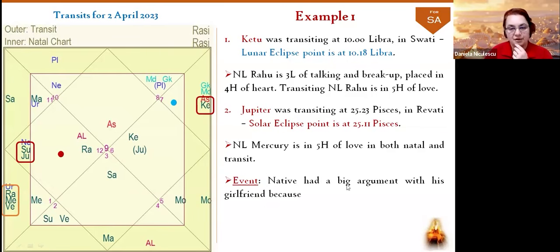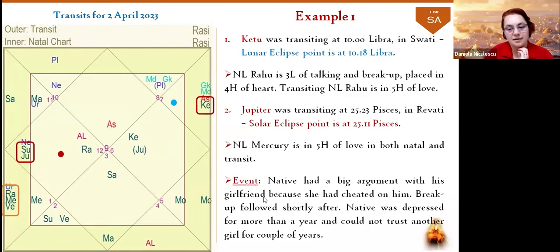The native had a big argument, 3rd house, with his girlfriend, 5th house, because she had cheated on him, and they soon broke up after that. The consequence is that the native was very depressed for more than a year, and he could not trust another girl. He could not even get close to another girl for a couple of years.